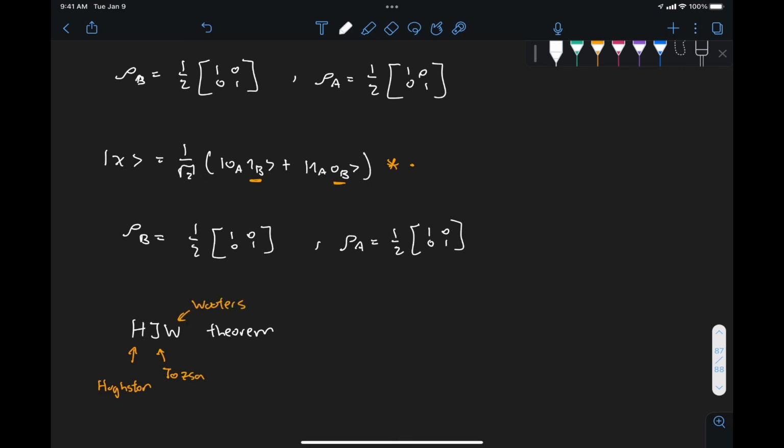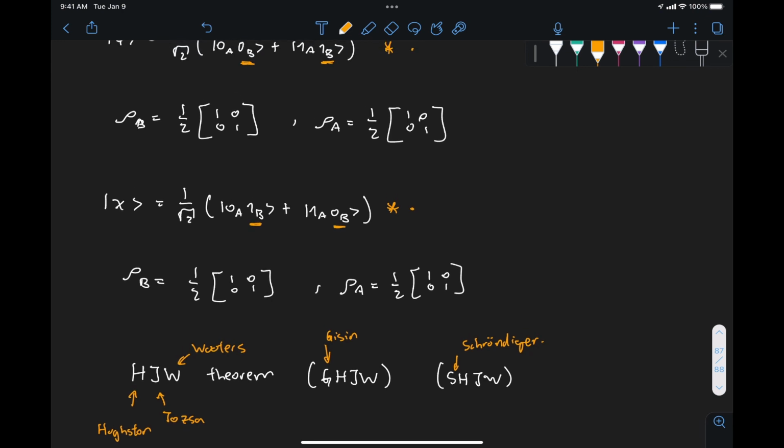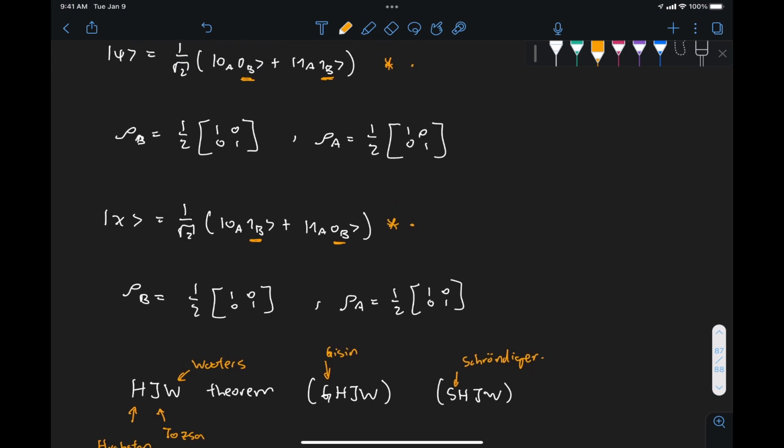And sometimes this is also known as the GHJW, and here G is for Gisin, or the SHJW, where this S stands for Schrödinger. Now, what this theorem says is very similar to what we've seen here, that we can have several entangled states that result in the same reduced density matrices.